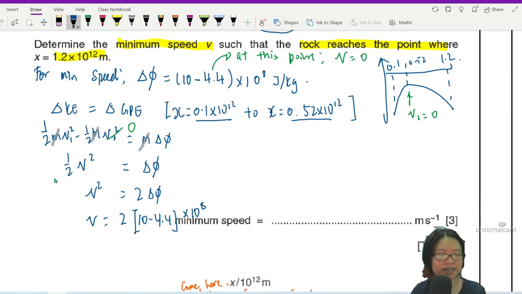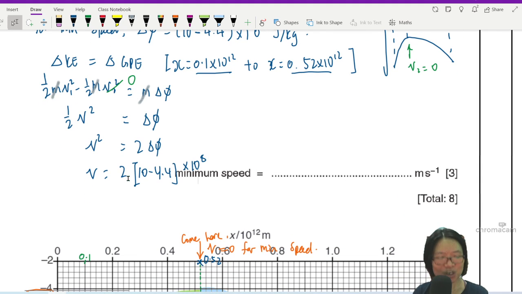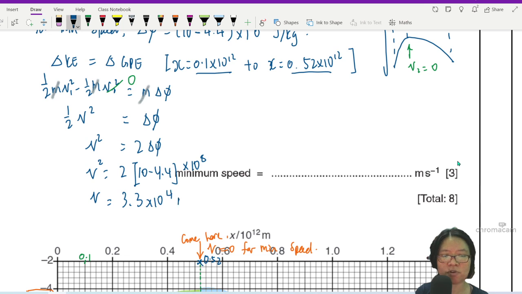Don't forget your square. So from here, you should be able to press your calculator and arrive at V as 3.3 times 10 to the power of 4 meters per second.